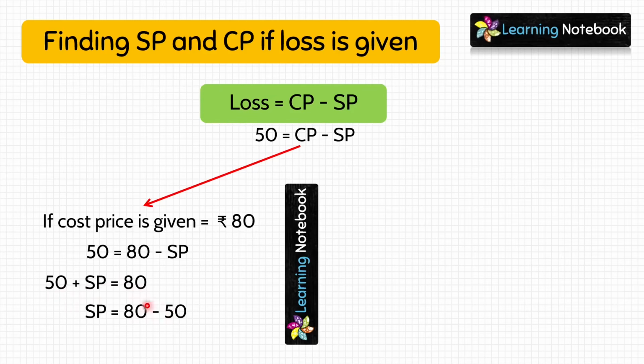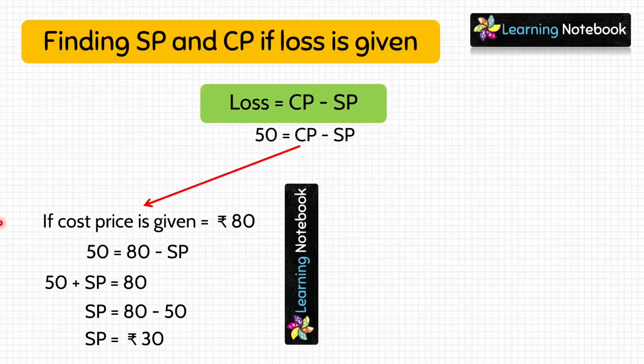So its sign will change from positive to negative. So we get SP equals to 80 minus 50, which is equals to 30. So selling price is rupees 30. So here we have calculated the selling price when loss and cost price are given.